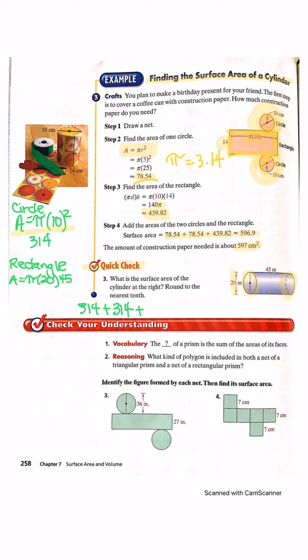Now to find the rectangle. So that is going to be the height times the width, and then multiply it by pi because it is in a cylinder. So I came up with this equation here, and when we do 20 times 45, we get 900 times 3.14.